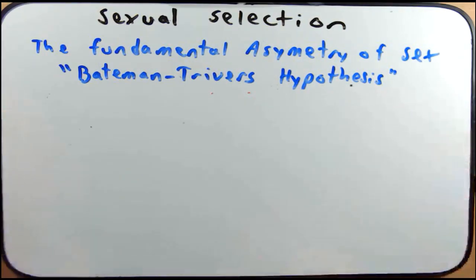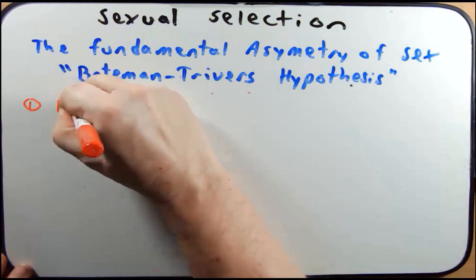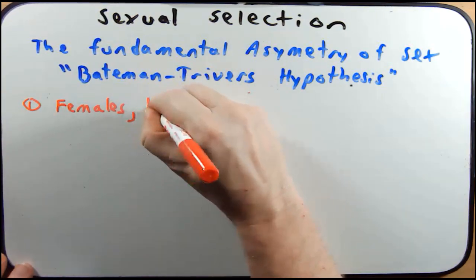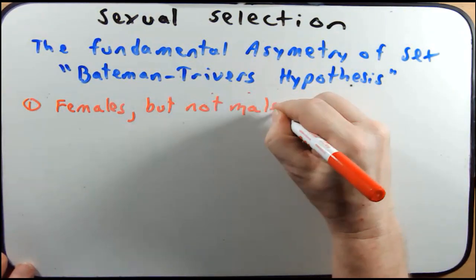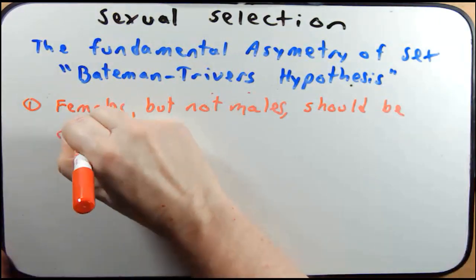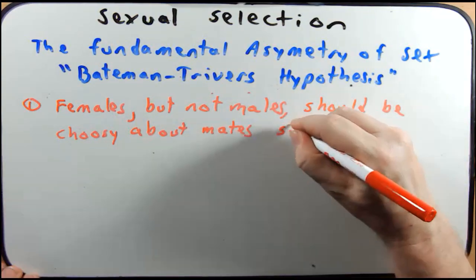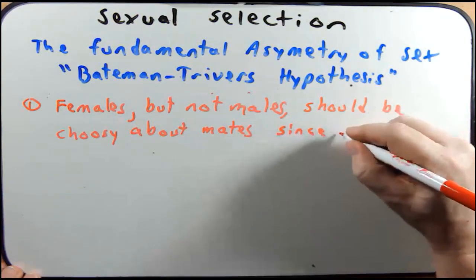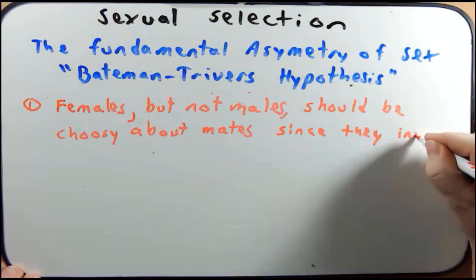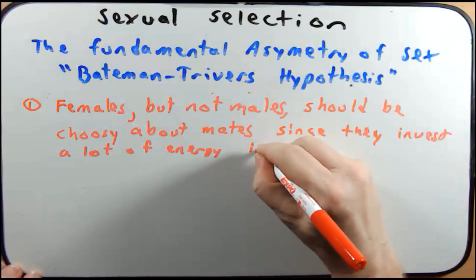So the Bateman-Trivers hypothesis makes a few predictions. The first is that females, but not necessarily males, should be choosy about mates, since they invest a lot of energy in each egg.